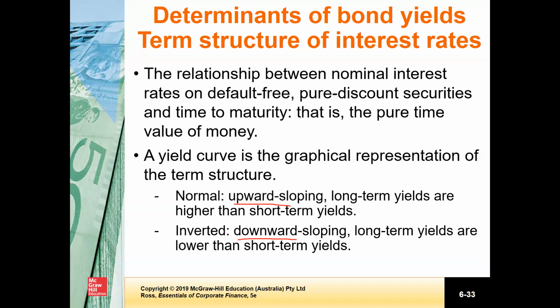If investors believe that the rate of inflation will be higher in the future, long-term interest rates will tend to be higher than short-term rates. Thus, an upward sloping term structure may be a reflection of anticipated increases in inflation. Similarly, a downward sloping term structure probably reflects the belief that inflation will be falling in the future.